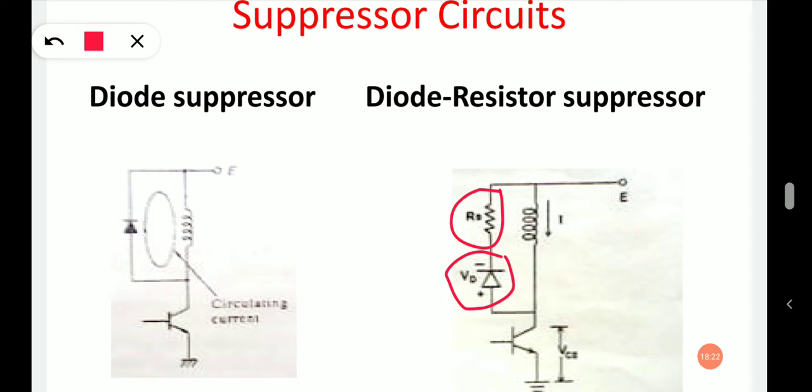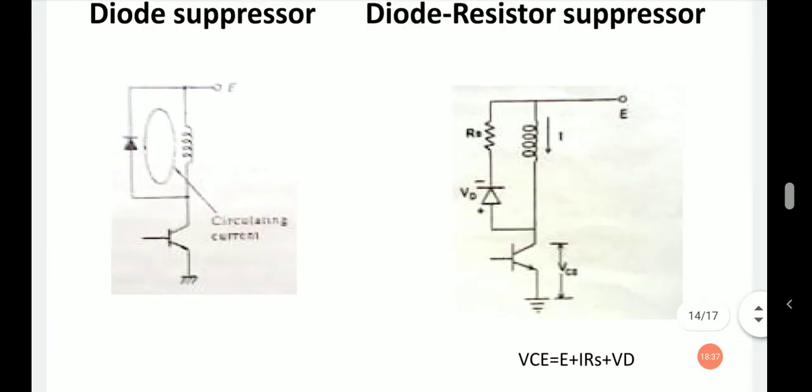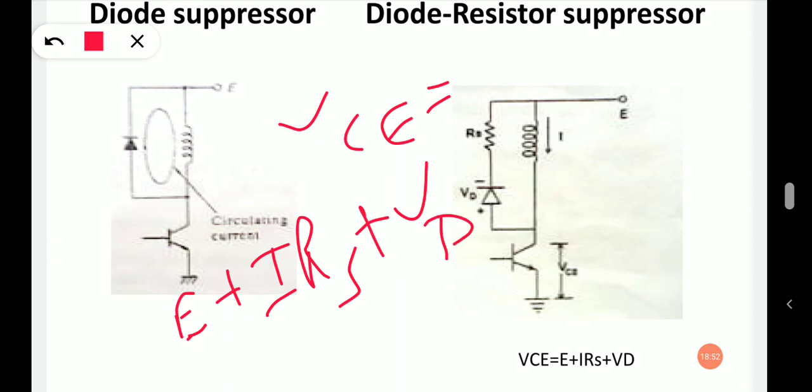The voltage VCE applied to the collector at turn off in this scheme is given as, I will write that one, VCE equals E plus IRS plus VD.